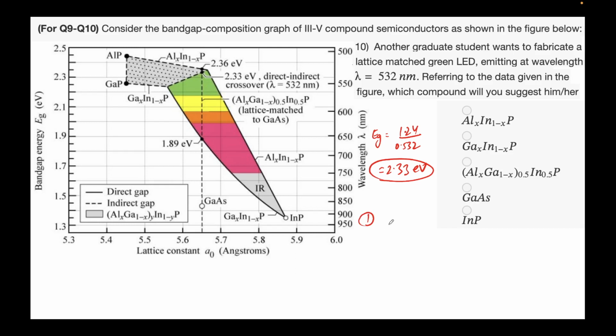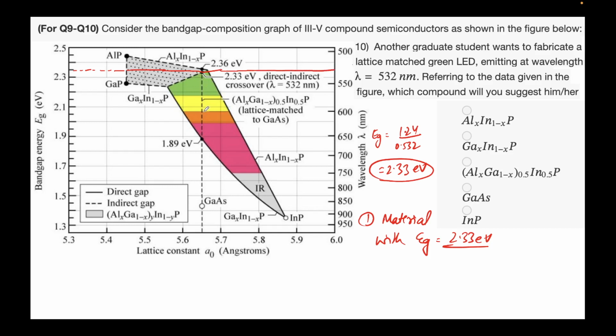So we need a material with Eg equal to 2.33 eV. Let's draw that line. This is 2.3, 2.4, so it's somewhere close to this red line which I am drawing. We have to choose a material on this line.